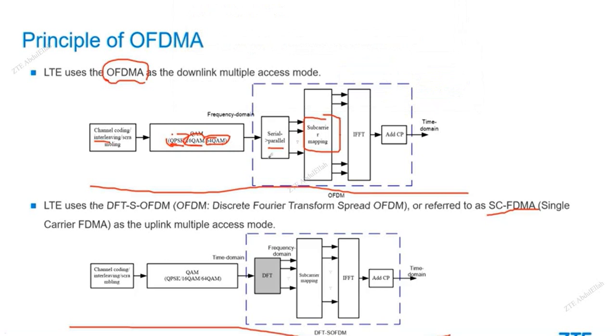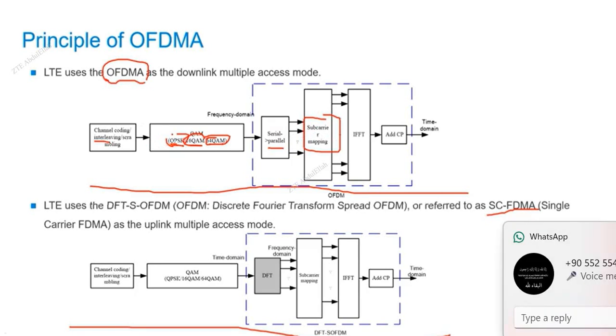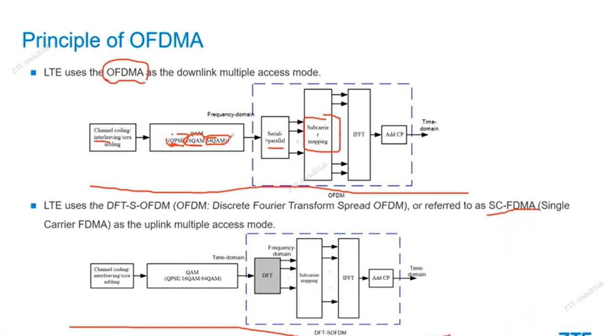So after subcarrier mapping, we set different bits to different subcarriers. For example, if now I want to transmit 8 bits and I use QPSK, we use 8 divided by 2. The result is 4. So in this case, we need 4 subcarrier mapping. Then the next step is IFFT.